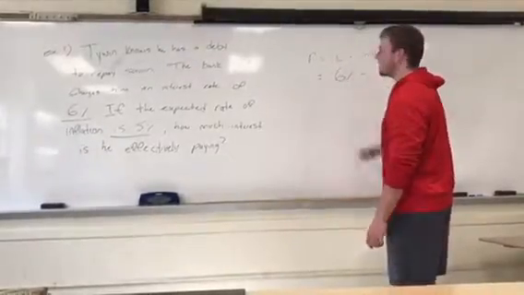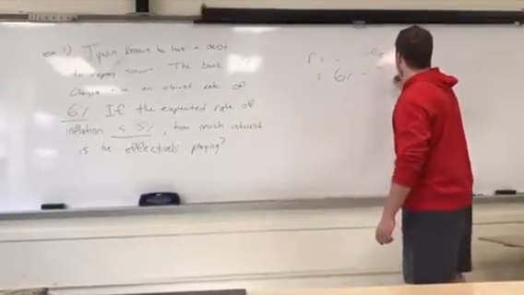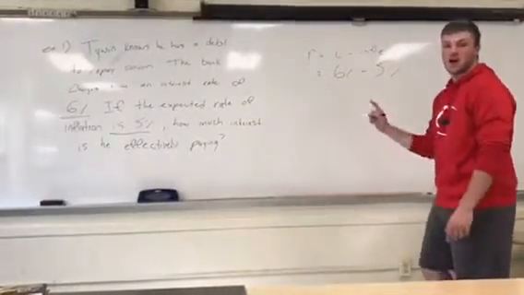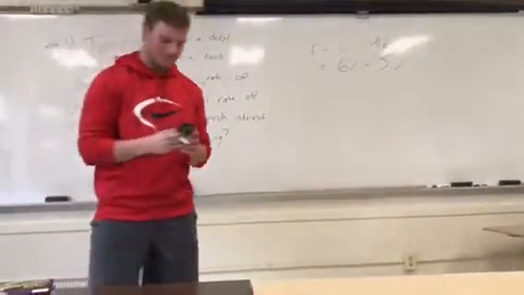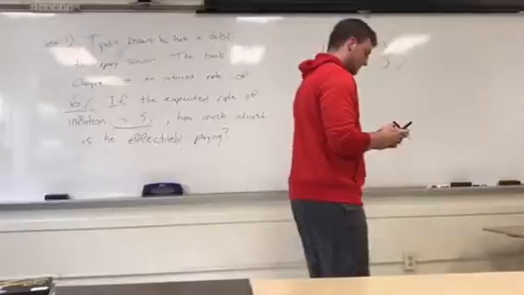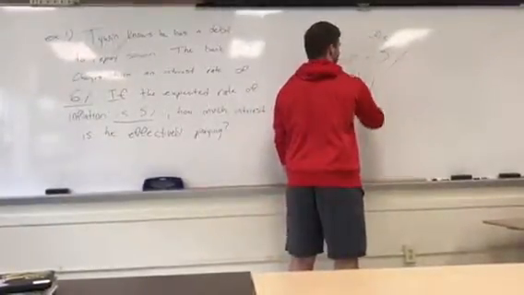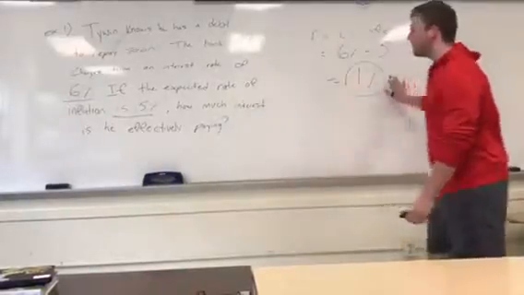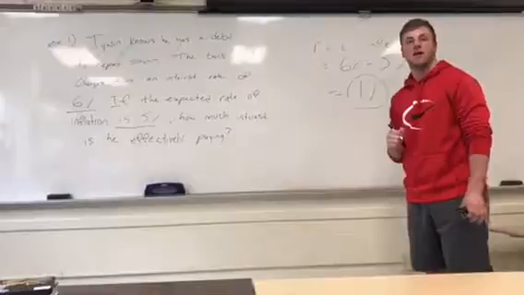We know that the expected rate of inflation is 5%. Now, after some complicated math, let me just grab my calculator. All right, and we got 1%. This will be the real interest rate, or how much Tywin is effectively paying.